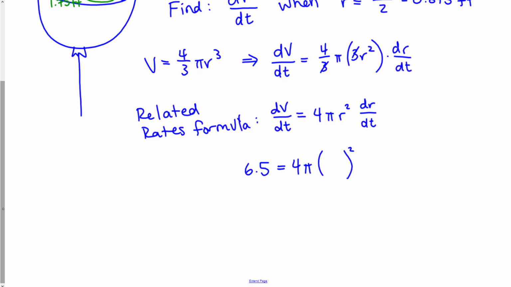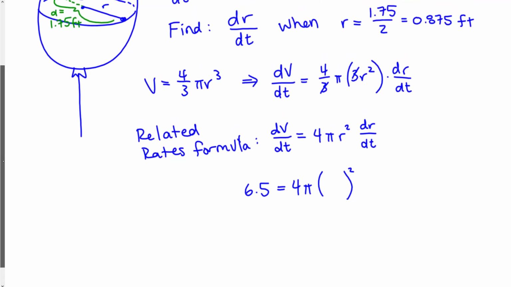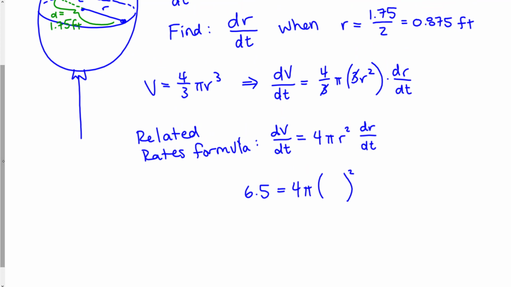And they asked us to find dr dt when the radius was 0.875 feet. So I need to plug in 0.875 for my radius. Then that's going to get squared. And over here is my remaining derivative, dr dt, that I want to solve for.